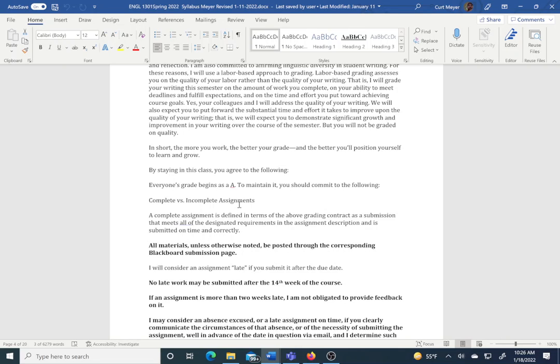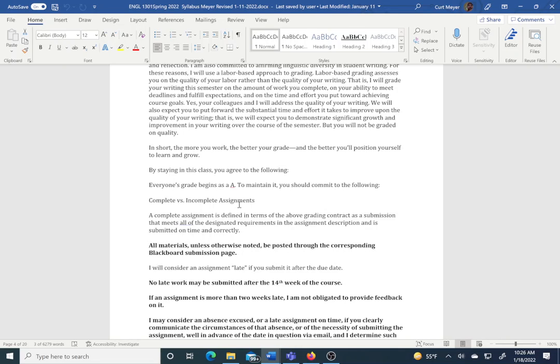An assignment is considered complete if it meets the minimum parameters of what is being asked for. So for example, if I'm asking you for a reflective essay, what I am asking for is that what you're writing is reflective in nature, obviously.